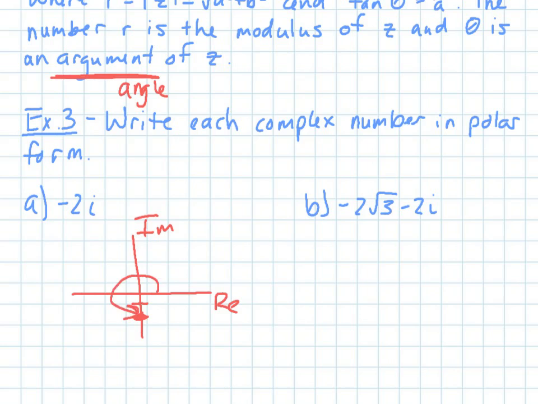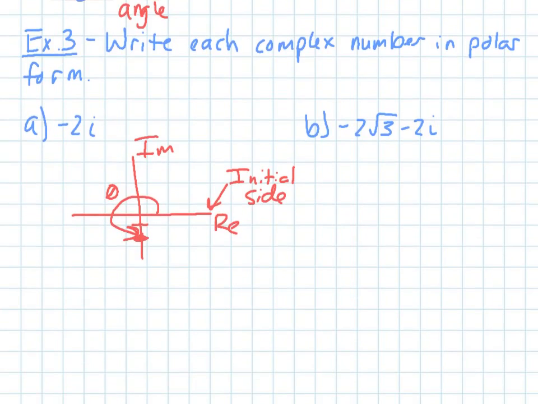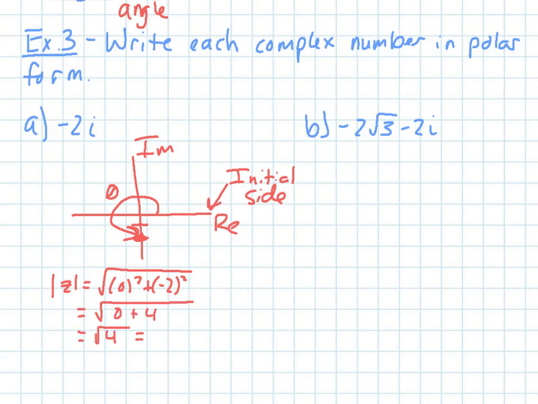Remember, this is your initial side, and I always decide what my angles are based on that. Now when I find my modulus, my real part's 0 plus negative 2 squared, so I get 0 plus 4, which is the square root of 4, which is 2.